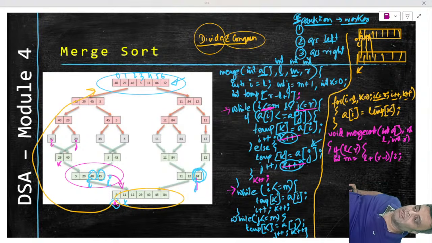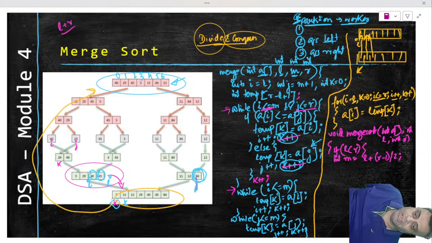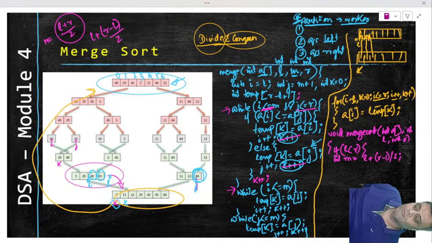I could have easily done L plus R by 2, and that would have also given me the midpoint. Instead I did L plus R minus L by 2. Why did I do that? In the chat window. Anyone?